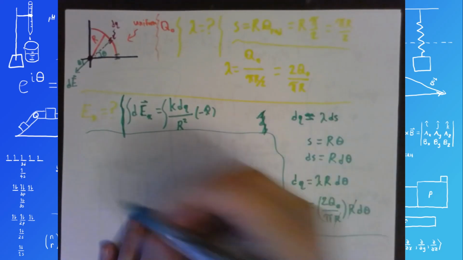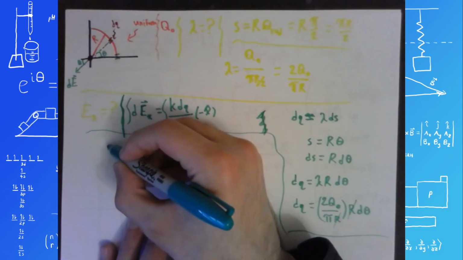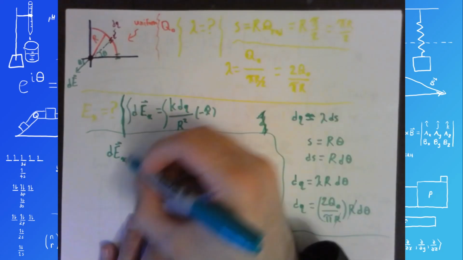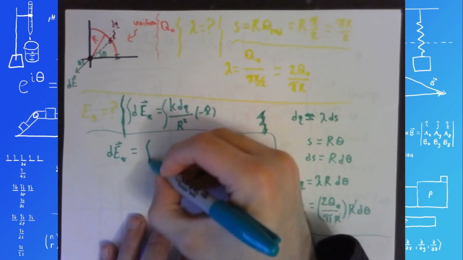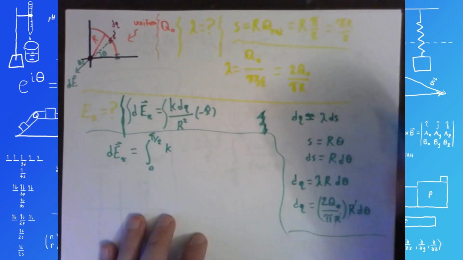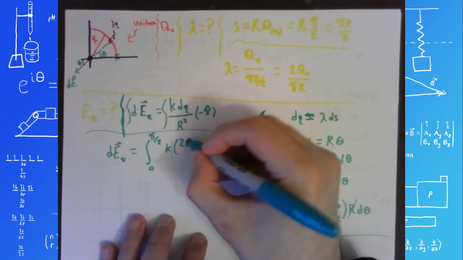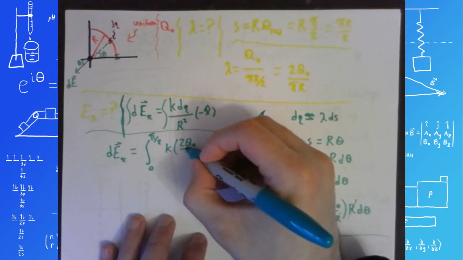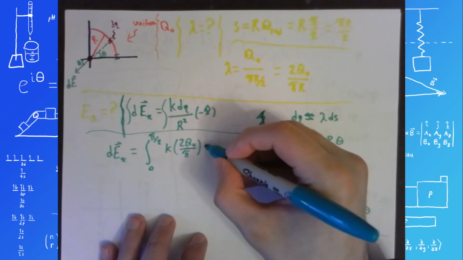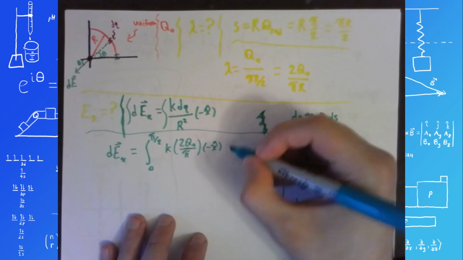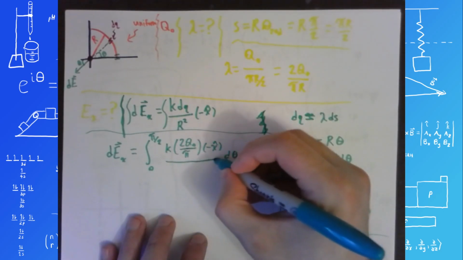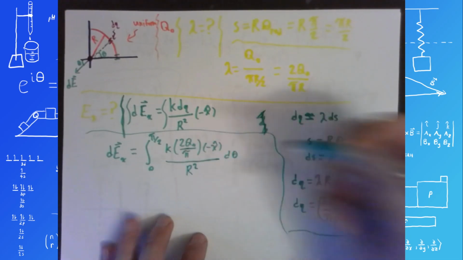Let's see. So dEx equals the integral from 0 to pi over 2 of k times all this stuff, 2q0 over pi, times negative x hat, d theta, all over big R squared.